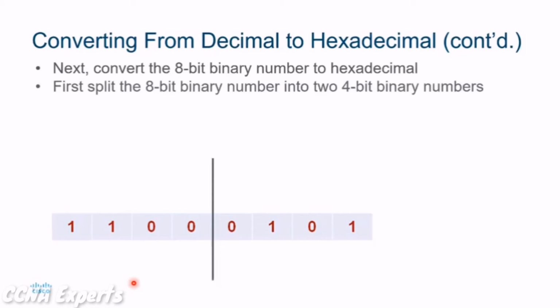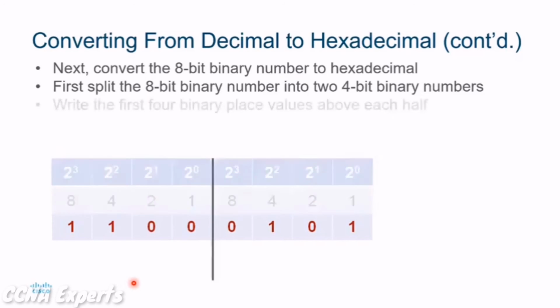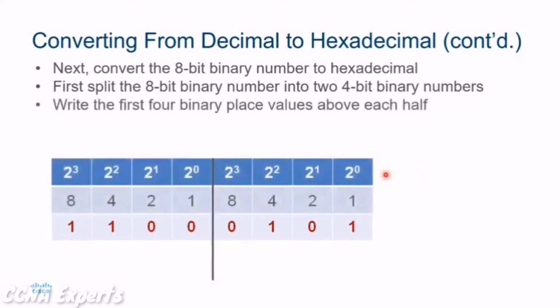Next, I'll convert the 8-bit binary number to hex by first splitting it into 2 4-bit binary numbers, and then I'll rewrite the first 4 binary place values above each half. So here I have 1, 2, 4, 8, and then repeated on the left 1, 2, 4, 8. Then I'll convert each half to decimal and then each decimal to its equivalent hex value.